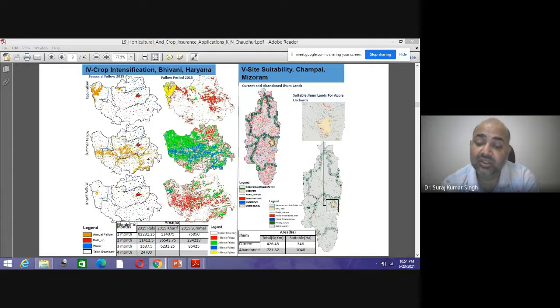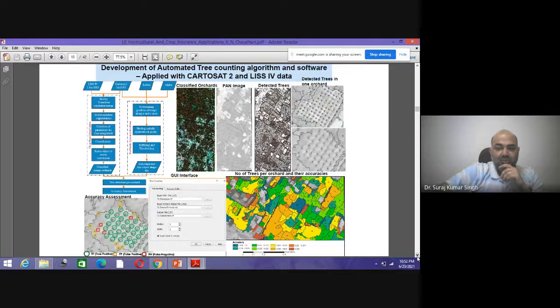So various priority considerations, the abandoned mango, current mango, road, settlement, buffer analysis, proximity analysis will be performed to identify the various agricultural practices that we are performing, and we can say about the current condition of that area, and we can identify the suitable spots.